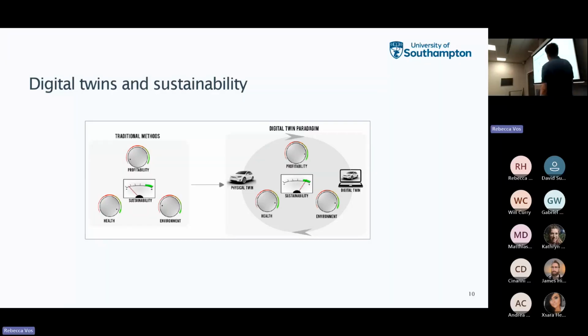So now, how is this related to sustainability? For traditional methods, I mean either the school where you mainly use models, so you are mainly working on simulations, or on the other hand, where you mainly do measurements. So that's what I would call traditional methods.